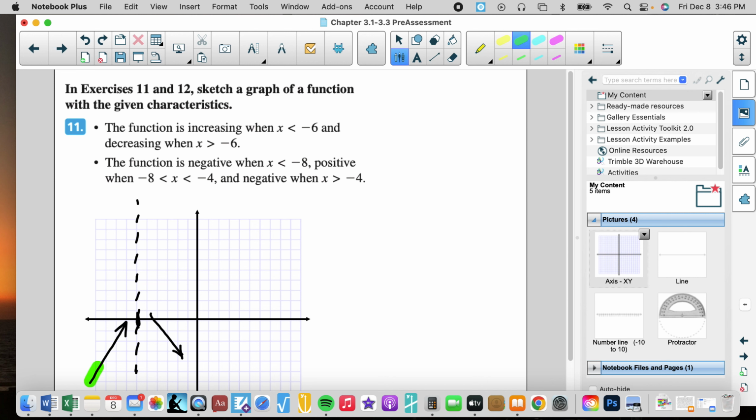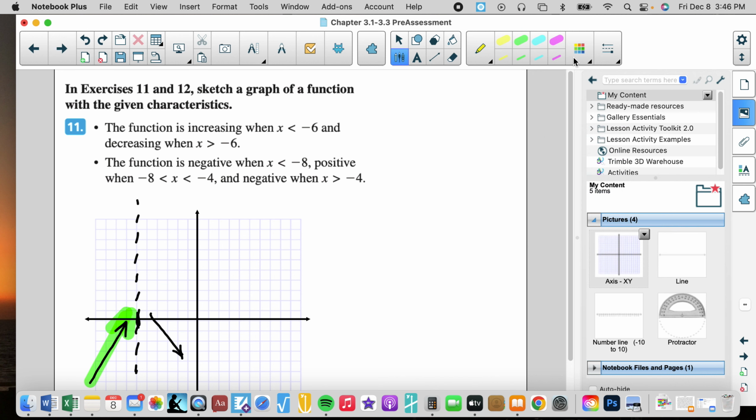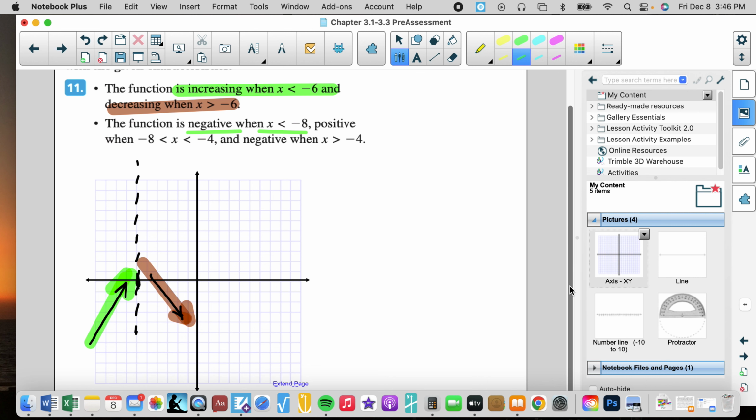So that's how I derived that first section. It's going to be increasing up to here. It's going to be decreasing after -6. Good. Now the function is negative. Negative means below the graph. It's below the graph when x is less than -8.